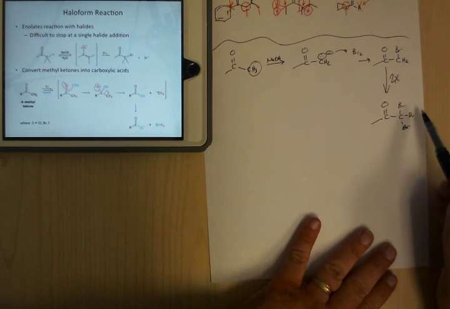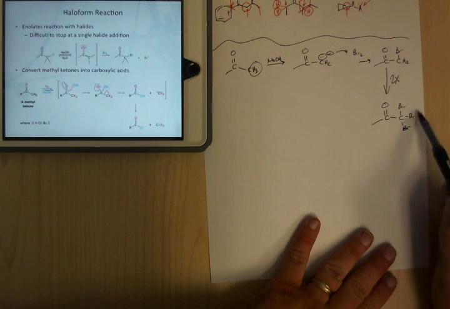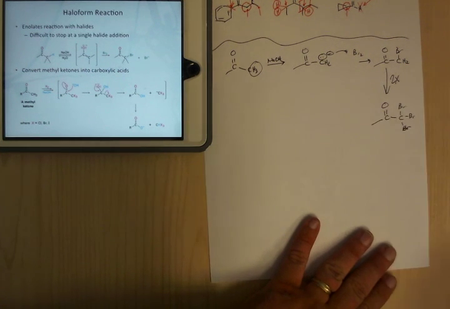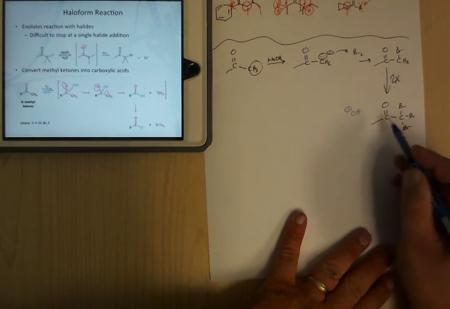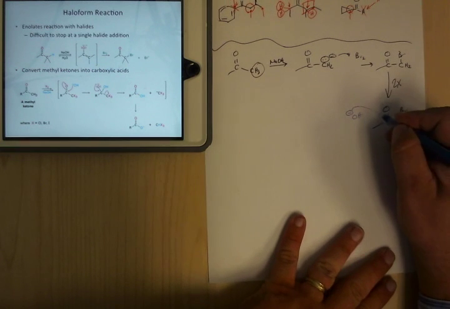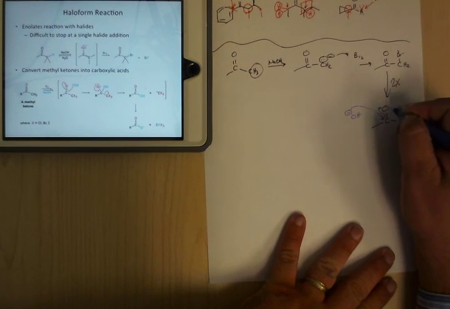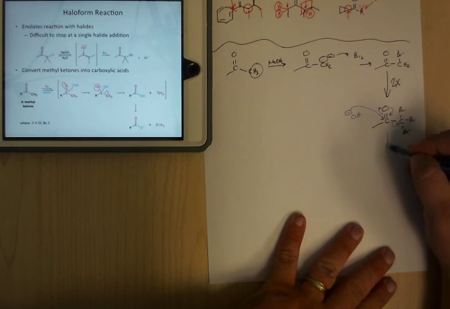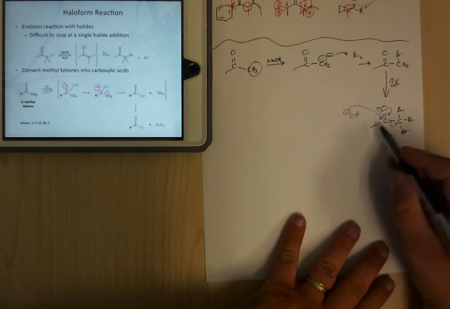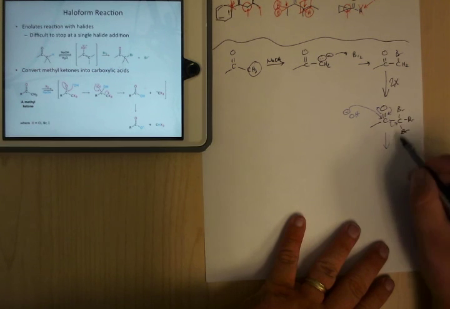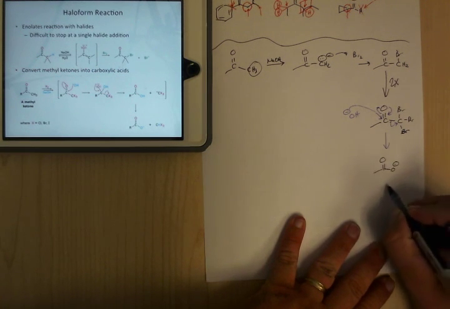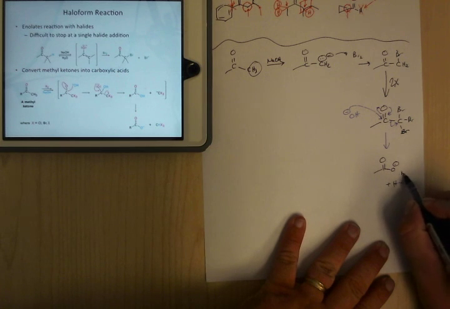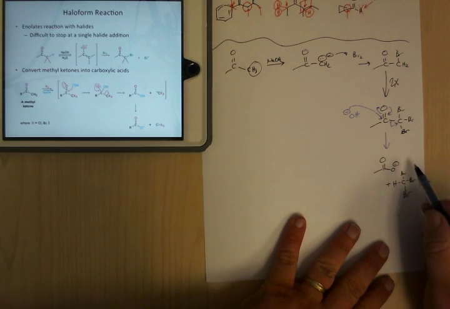Now it turns out that's actually a pretty decent leaving group, and because you throw in a whole bunch of sodium hydroxide, this ends up doing an acylation reaction where it goes up, down, and then kicks away, and you end up with this. As normal, if there's an H hanging off of there, it'll grab it as it's leaving, so you end up with O minus plus HCBr3.